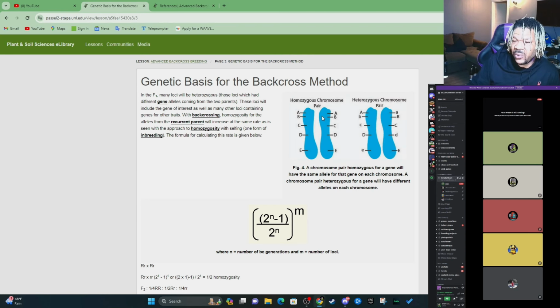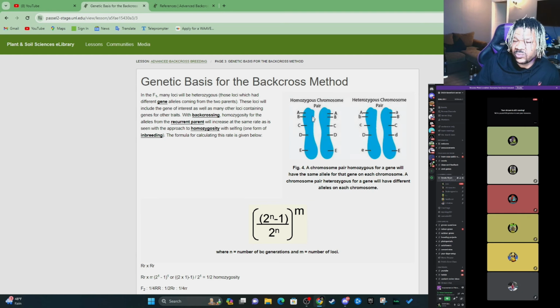Here we're looking at a homozygous pair of chromosomes. It's funny, I look at the formula, you look at the cell structure, and it makes me laugh.